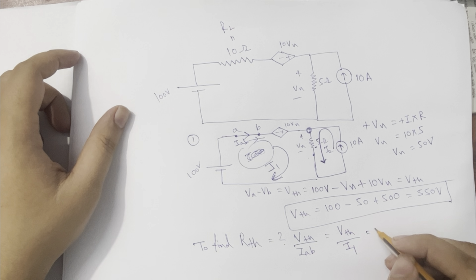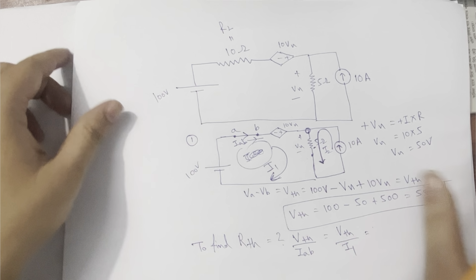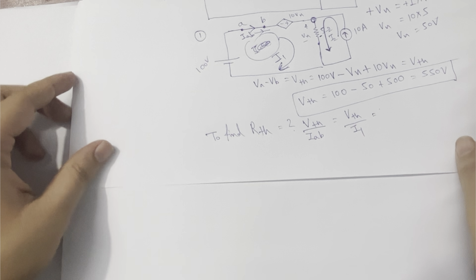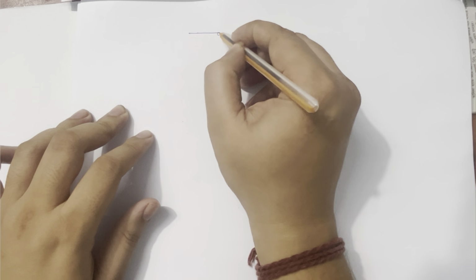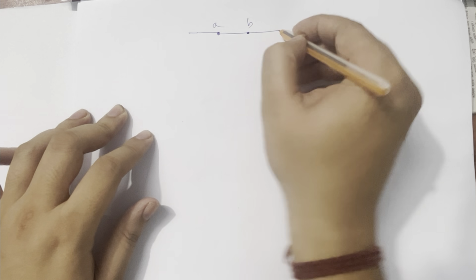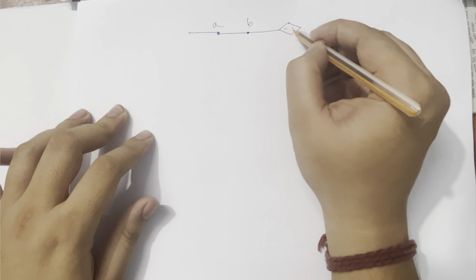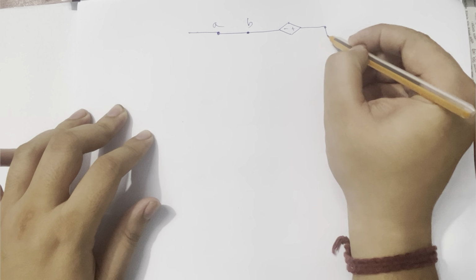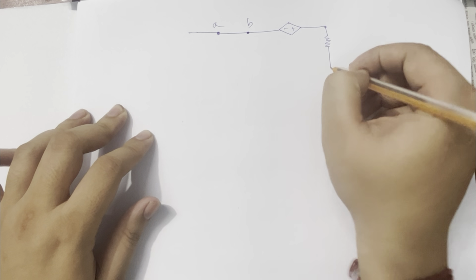So it will be equation 1. Let's write the equations here for that circuit, where I short circuited A and B. So it is like minus plus Vx. So no problem for that.